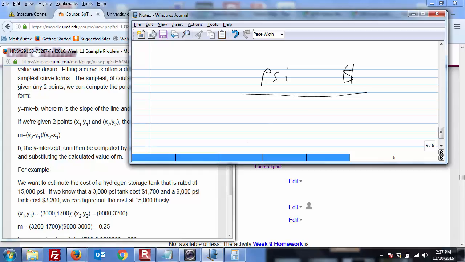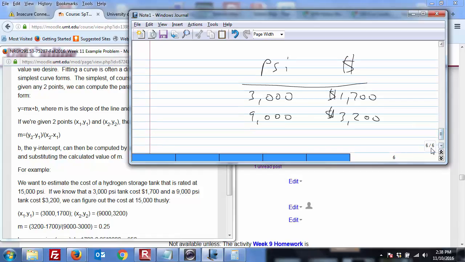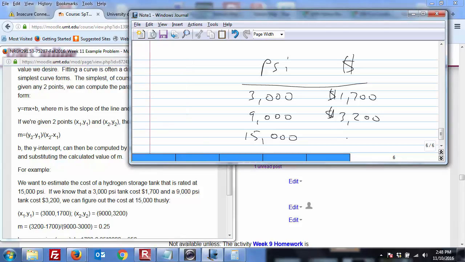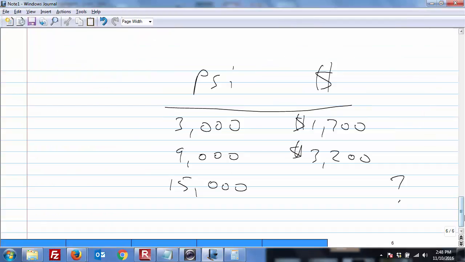So if the PSI is 3,000 and the cost is 1,700, versus a PSI rating of 9,000 and the cost is 3,200, what we're looking for is the cost at 15,000. Let's just go ahead and plot this.